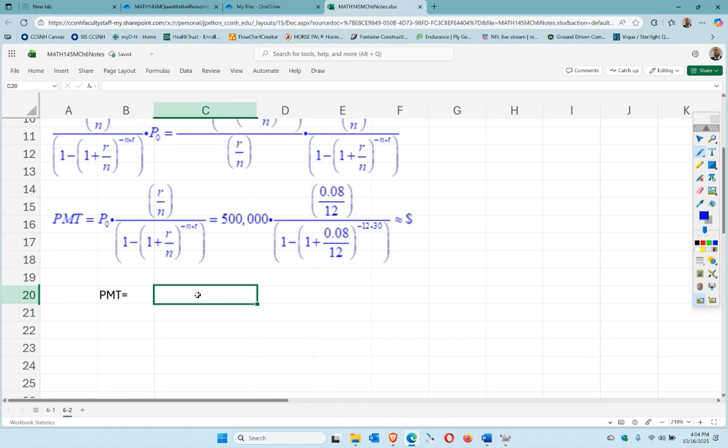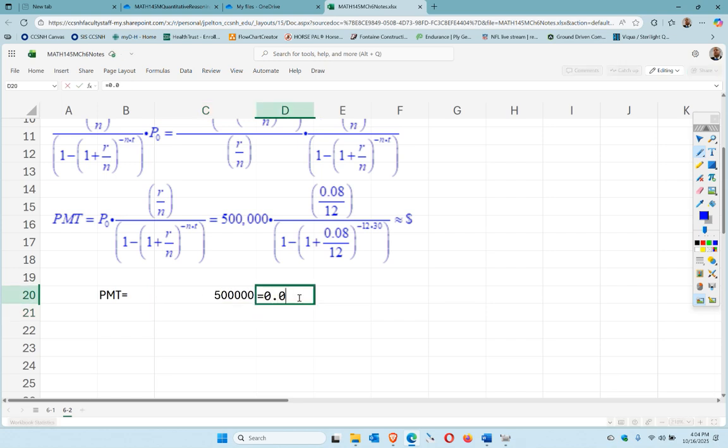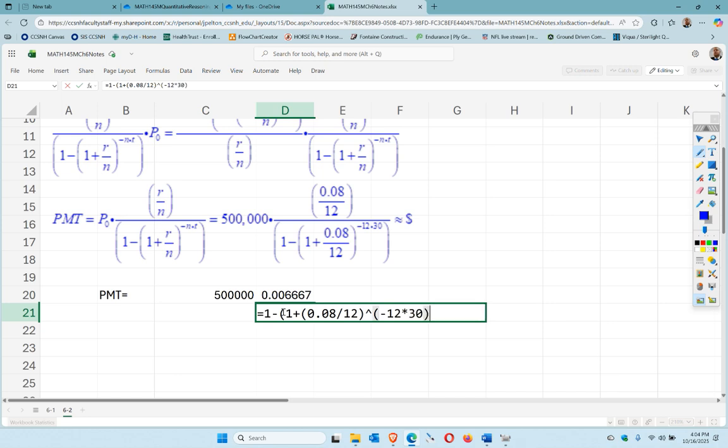We'll put the 500,000 there. Then we'll put the other numerator part here, which is 0.08 divided by 12. So we got those two parts there, right? And on the bottom here, we'll do the 1 minus 1 plus 0.08 divided by 12 to the power of, and then we have the negative 12 times 30, right?